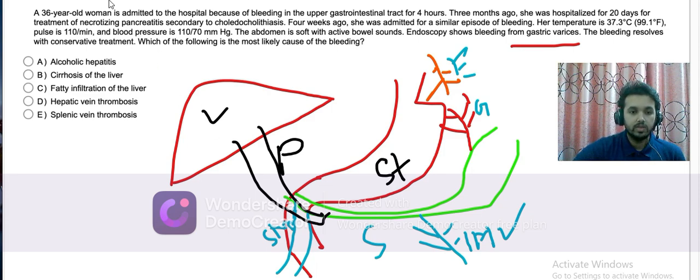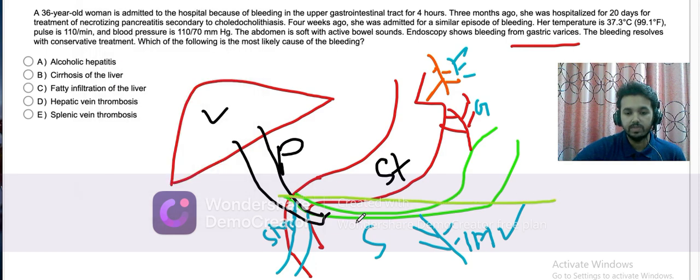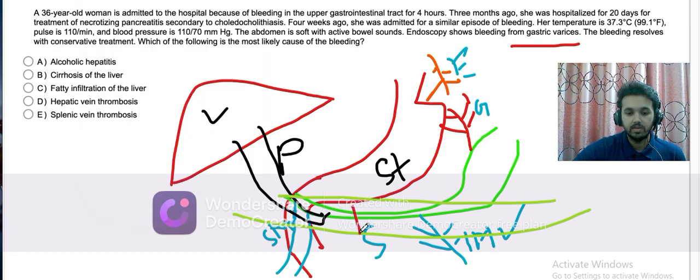You know that there is a pancreas here. There is the pancreas, and the splenic vein forms the bed of the stomach. So these patients have recurrent episodes of pancreatitis, and 20 days ago the patient had necrotizing pancreatitis.